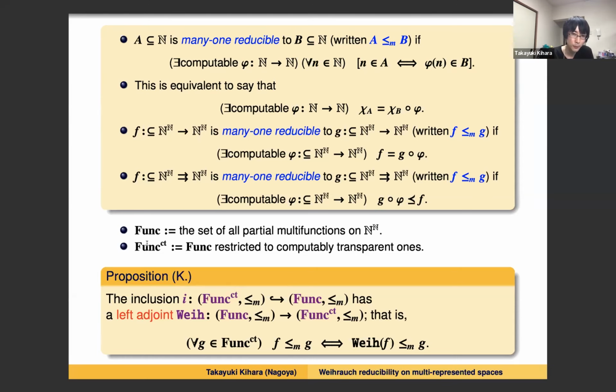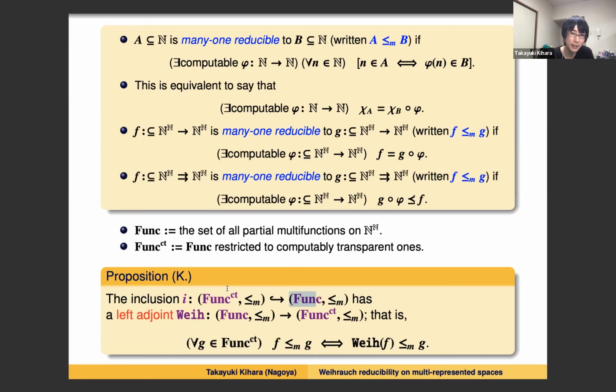Now let's write Func for the set of all multi-valued functions on Baire space and Func_CT for the set of all computably transparent multi-valued functions on Baire space. Since Func_CT is a subset of Func, there exists an inclusion map from Func_CT to Func.